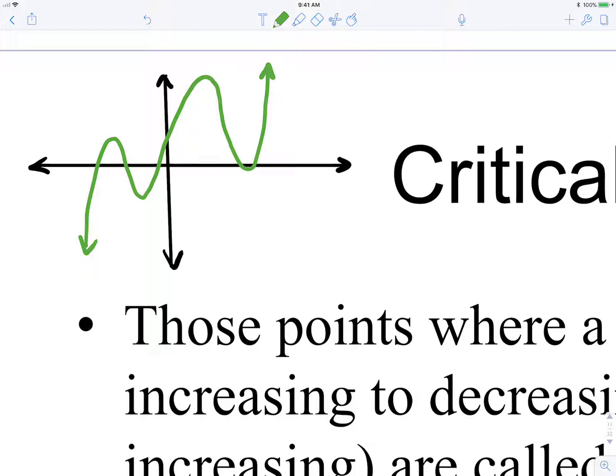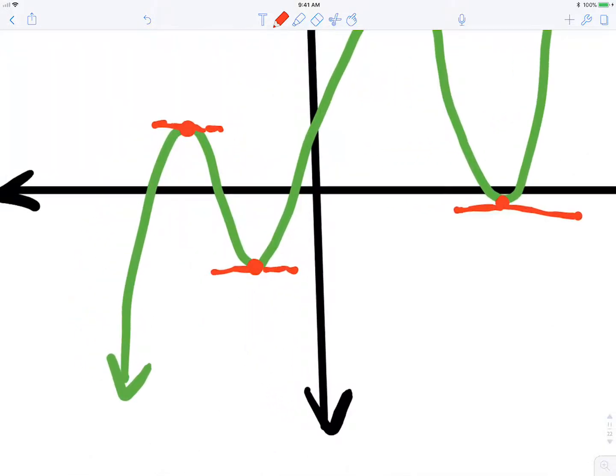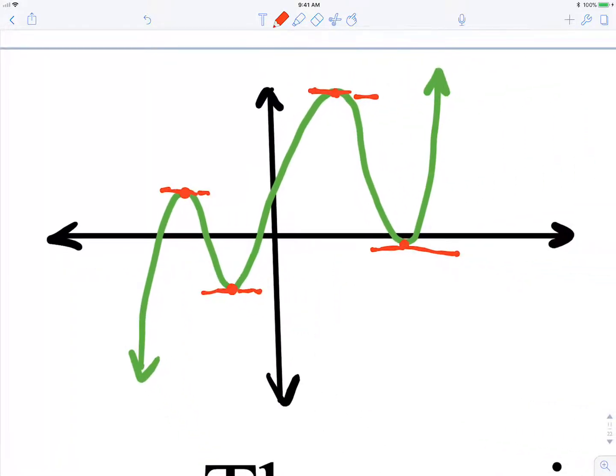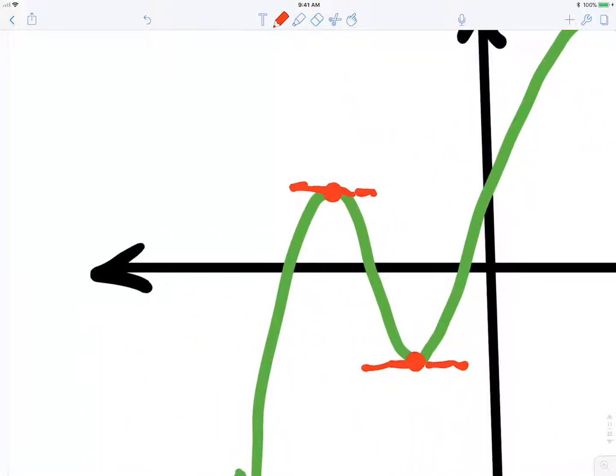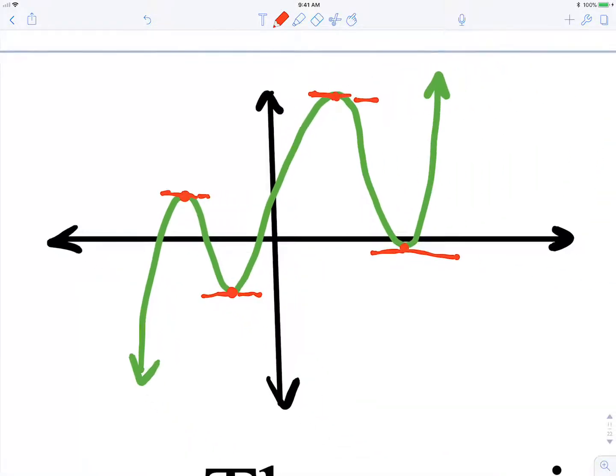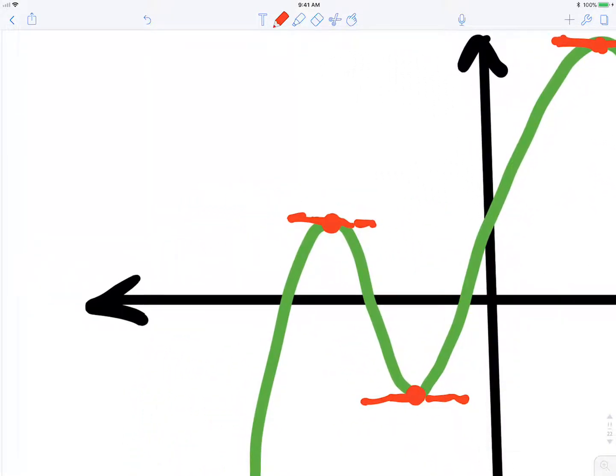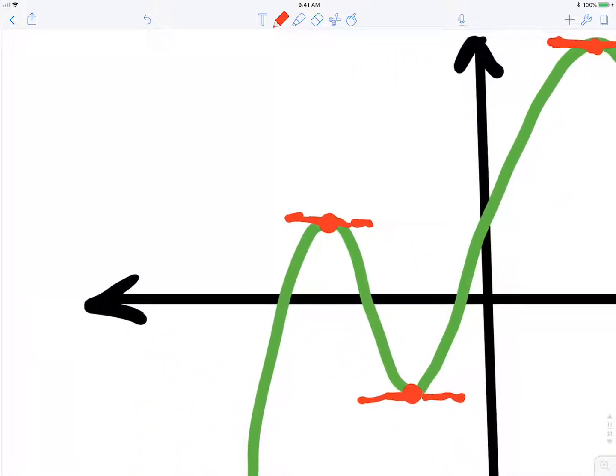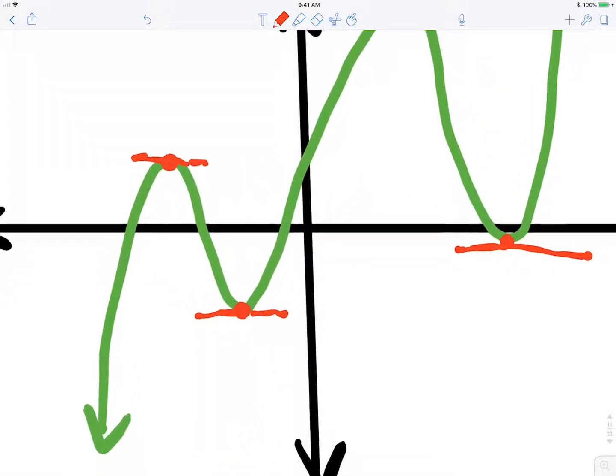Okay, so notice that there's horizontal tangent lines at this point, this point, this point, and this point. Now if we zoom in to this first hill in the graph, notice that to the left of the horizontal tangent line for this first one, the graph is increasing and then it changes to decreasing.